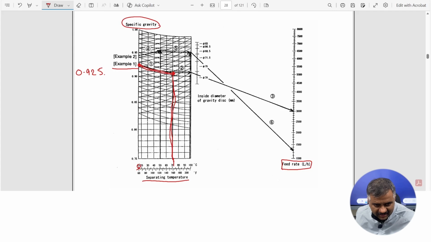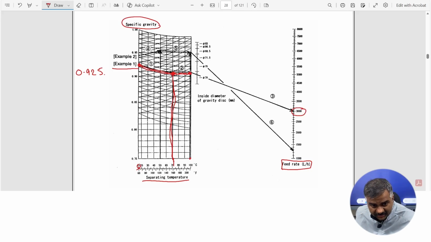As we get a value here, this intersection point has to be extended up to a value of 98 degrees centigrade here. This one is the 98 degrees centigrade. So we have extended this up to 98 degrees centigrade. From 98 degrees centigrade we have decided that we will keep the feed rate at 3000 liters per hour.